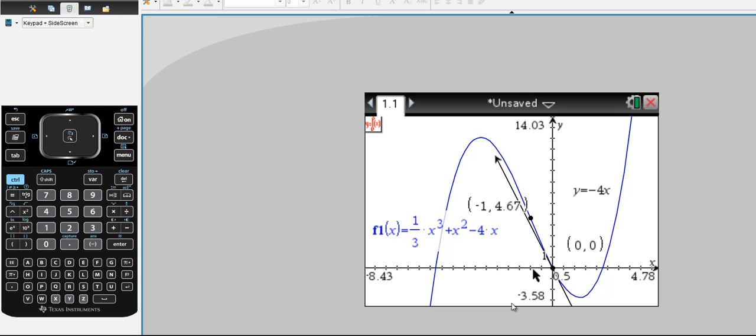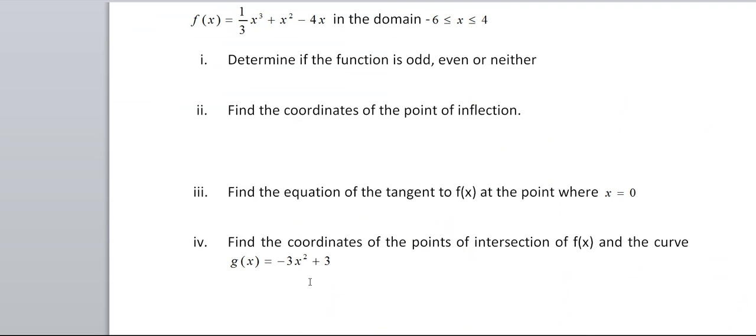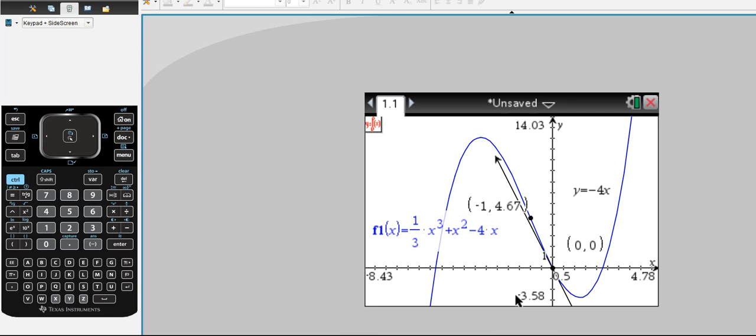Now it's getting crowded here in our graph. Let's see if we can do the last one. Find the coordinates of the points of intersection of f of x and the curve g of x. So we have to plot this one as well in the same coordinate system: minus 3x squared plus 3. Let's draw this.